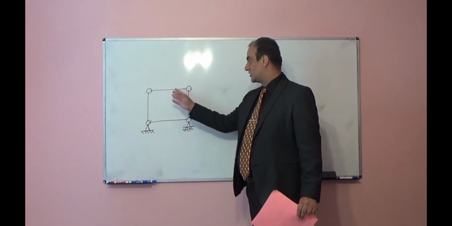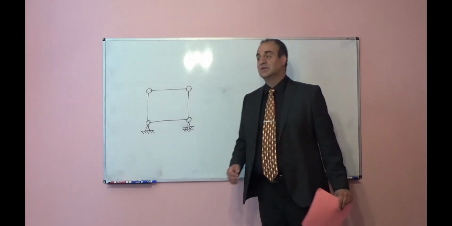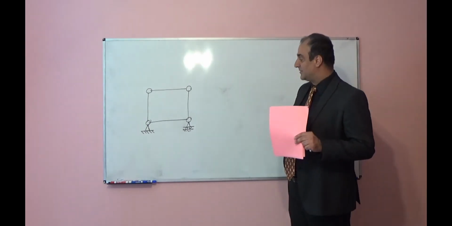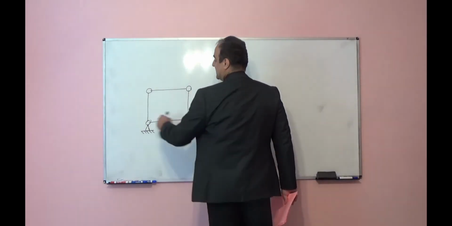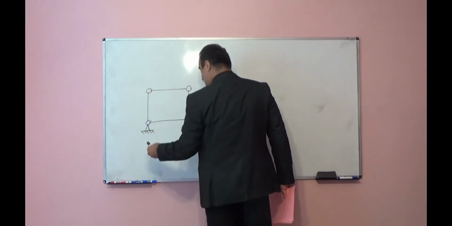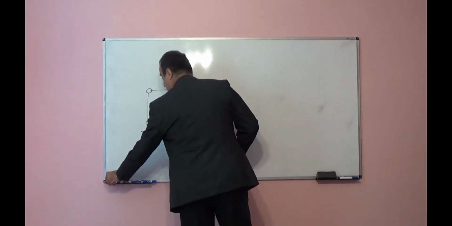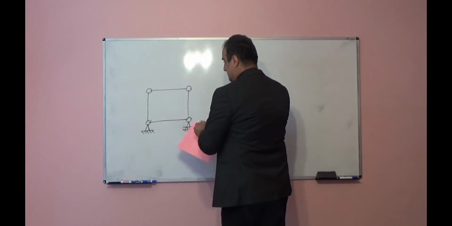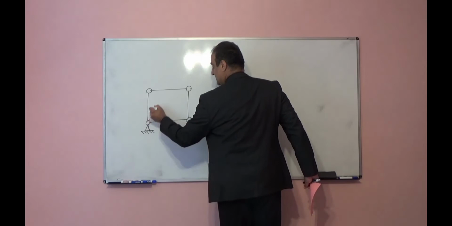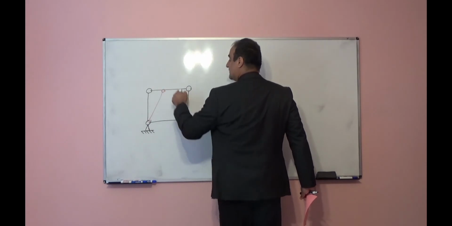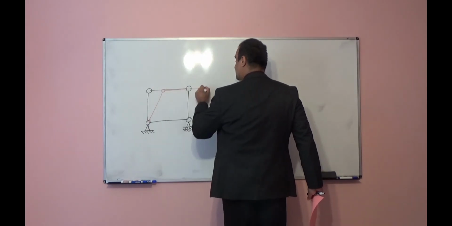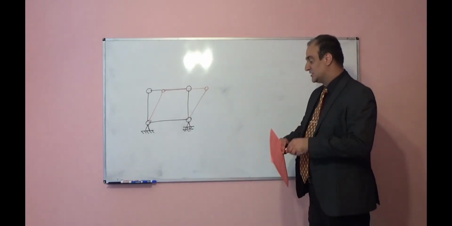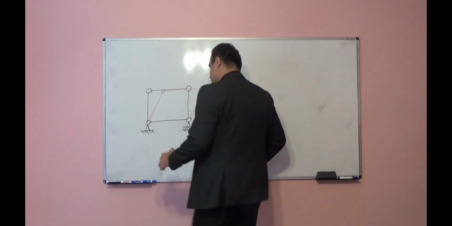So the supports connect this structure to the ground in a stable way, and it is at equilibrium, but internally it is unstable. Because if you apply a very small lateral load, it is clear this rectangular or square shape will deform like a parallelogram and it will fall down. So it is not a stable structure.